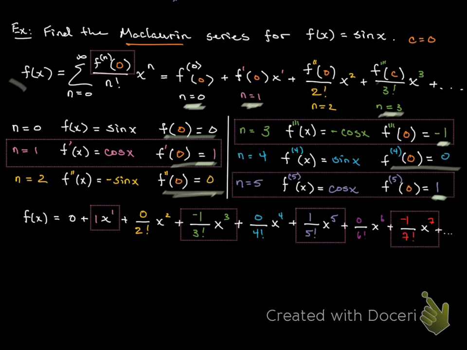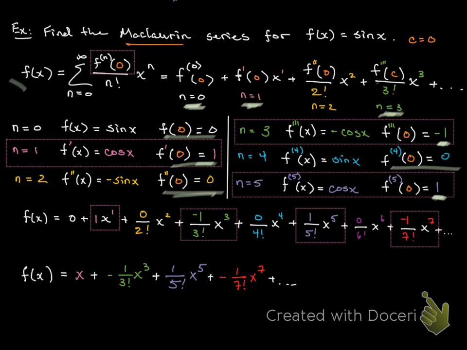So I want a way to write that. Basically, I'm going to write what shows up. I'm going to write those down again. So I have this first term is x plus negative 1 over 3 factorial x cubed plus 1 over 5 factorial x to the 5th minus 1 over 7 factorial x to the 7th, so on and so forth.